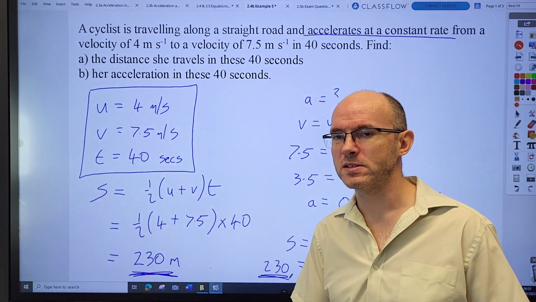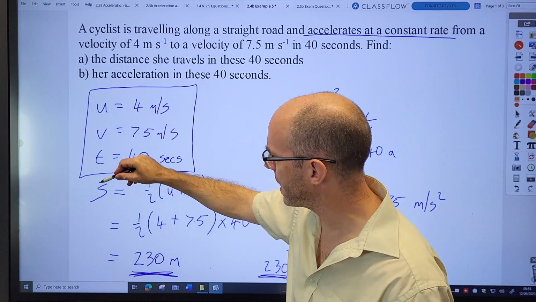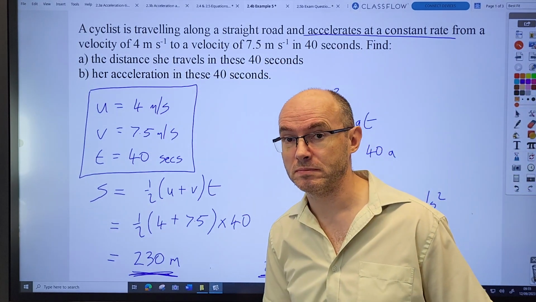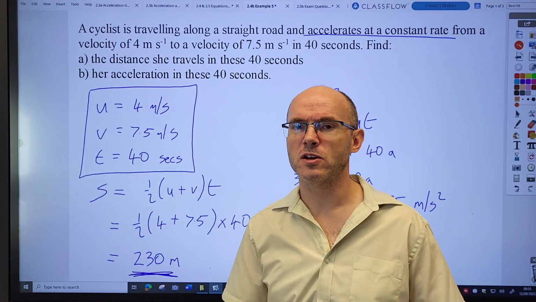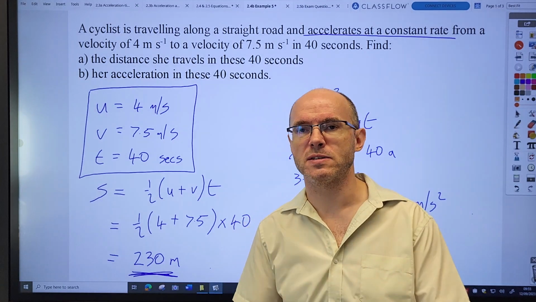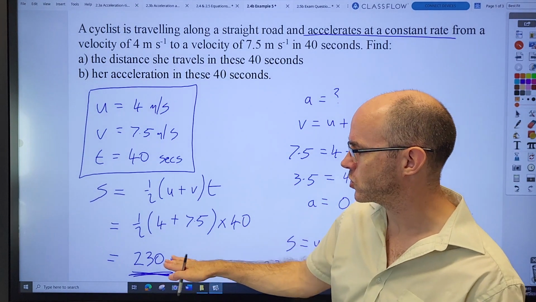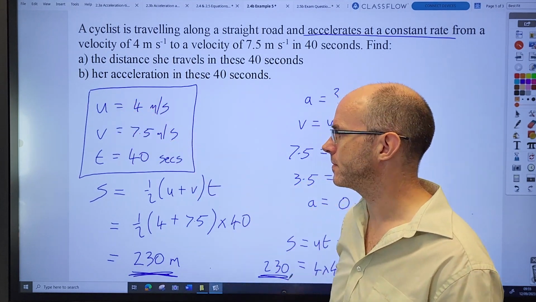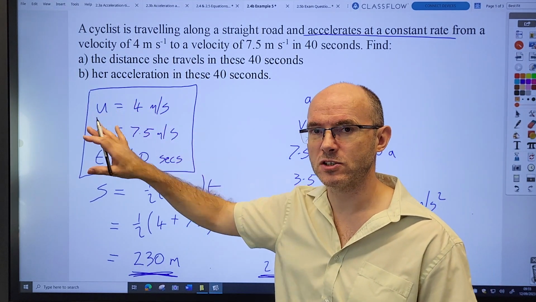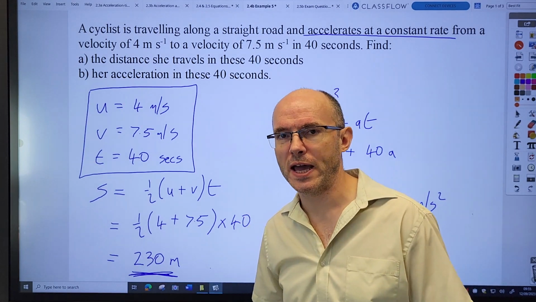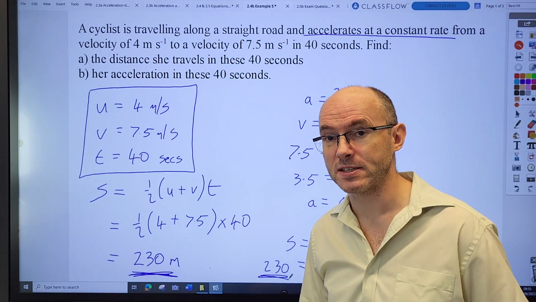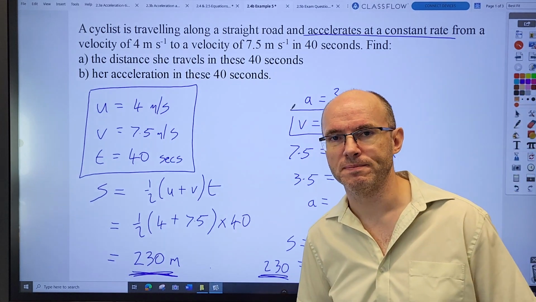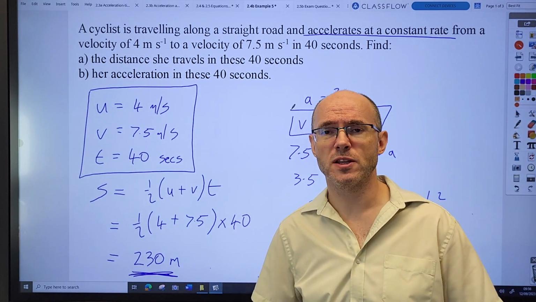So my advice is, if you can, go back to the original information given to you in a question and pick out a formula to use, because you've just got more chances of success that way. Even if you're really sure you've got that right, try and use the original values if you can. It just increases your likelihood of success. So that's the reason why I preferred the v equals u plus at formula in that one. Right, that's our first example. Another one coming right up.